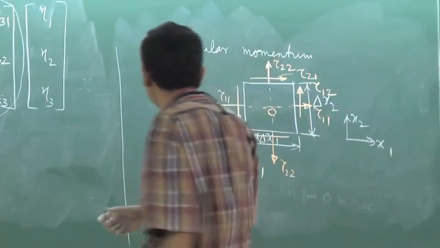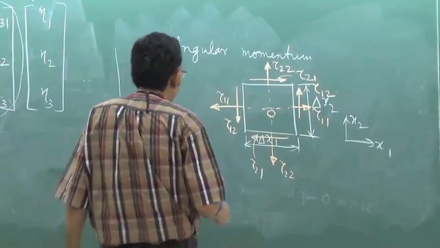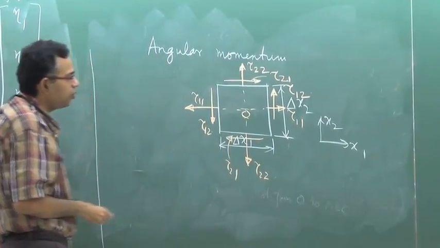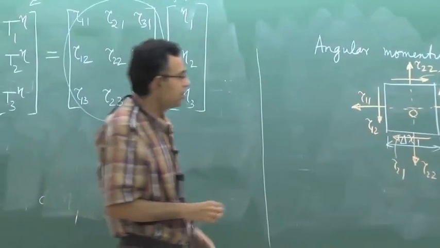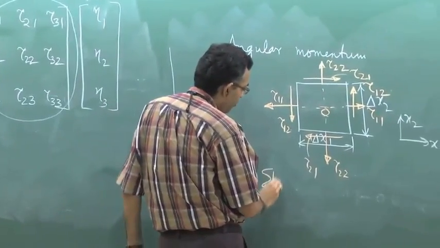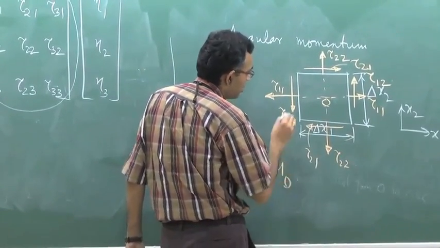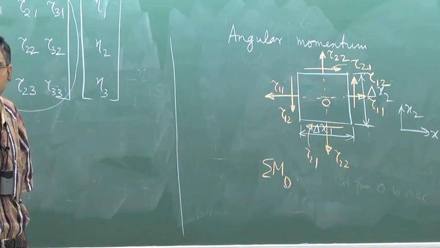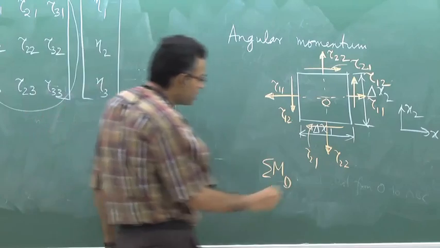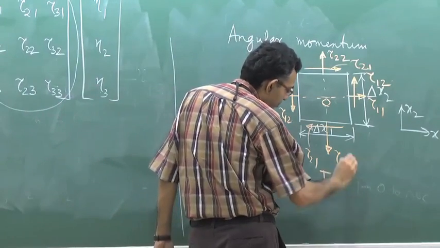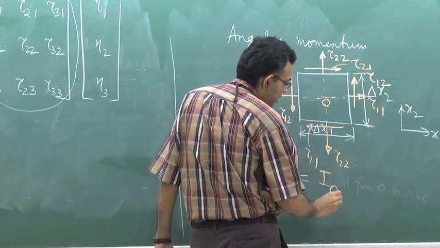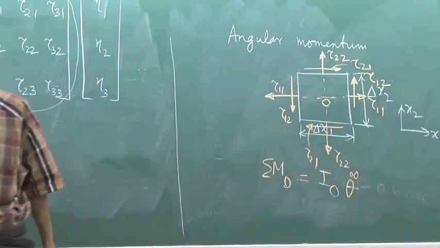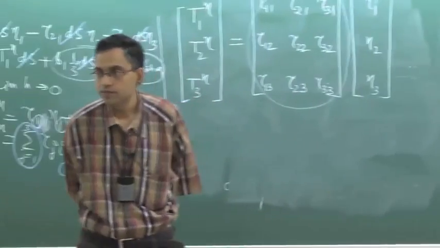So now we will write the equation: the resultant moment of all forces with respect to the axis perpendicular to the plane passing through O is equal to the moment of inertia with respect to the same axis times the angular acceleration, right.